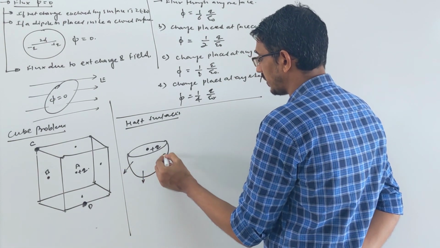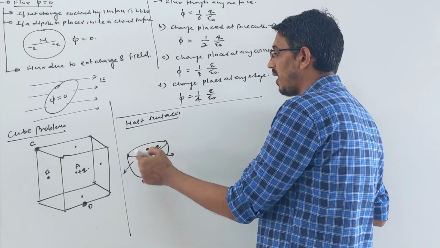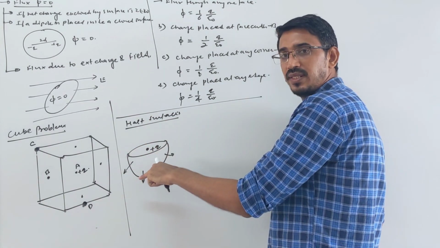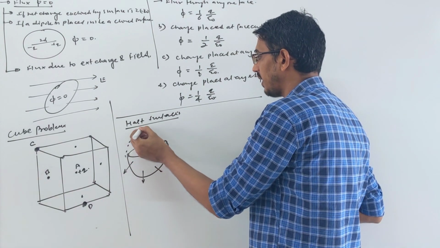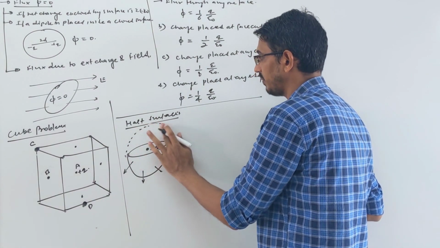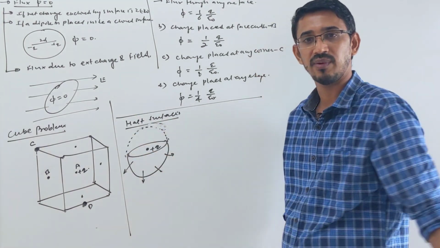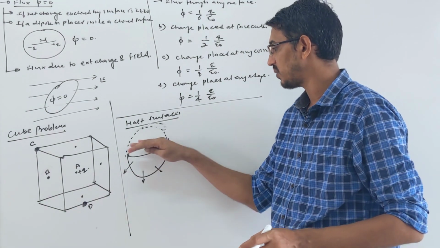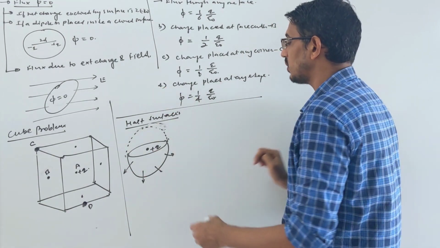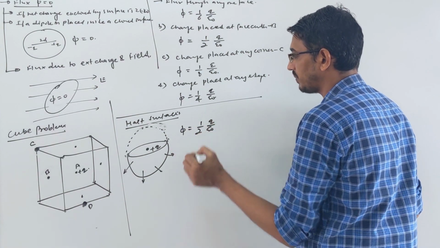When you put it at the center, half the flux goes through this hollow half sphere. Or you can understand that if you put an identical half sphere on the top like this, it will be a closed surface, right? Then net flux will be Q upon epsilon naught. But they are asking only about the half part. So the flux here is 1 by 2 of Q upon epsilon naught.